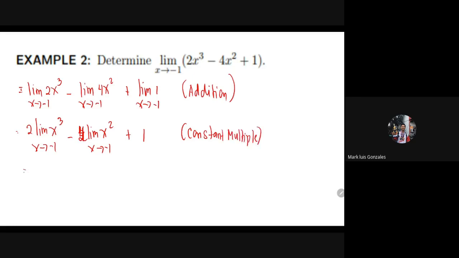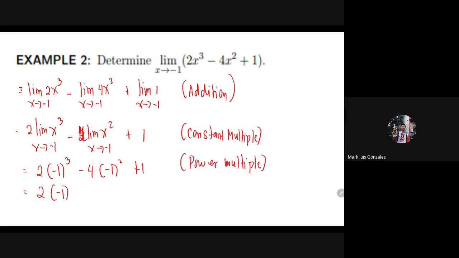And lastly, you have 2 negative 1 cubed minus 4 times our x squared, negative 1 squared, so you can now substitute, plus 1. So I'm using the power multiple. Then we have negative 1 cubed is negative 1, minus 4 times negative 1 squared, which is positive 1, plus 1.